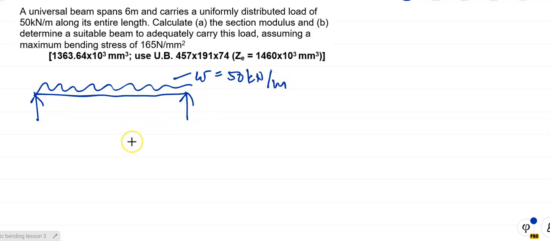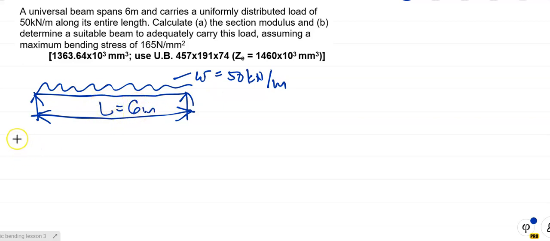Okay, so you go to the beam formula, and you have to work out the formula for the maximum bending moment, which is in the middle. Or if you go to the standard case, or if you remember it, you will know what the formula is for the maximum bending moment at the center of a simply supported beam with the UDL along its whole length, and the span is 6 meters.